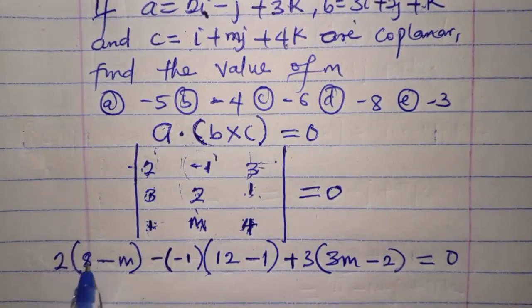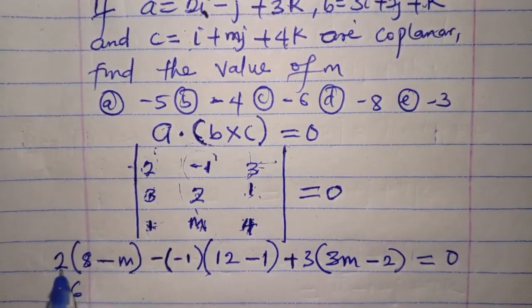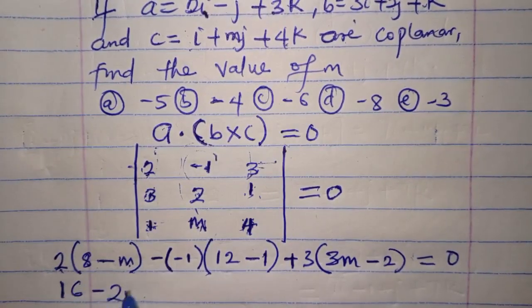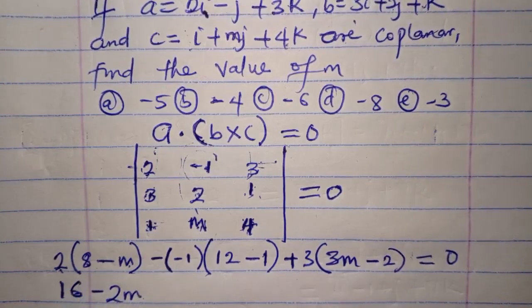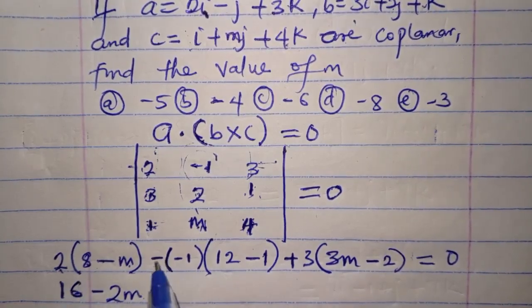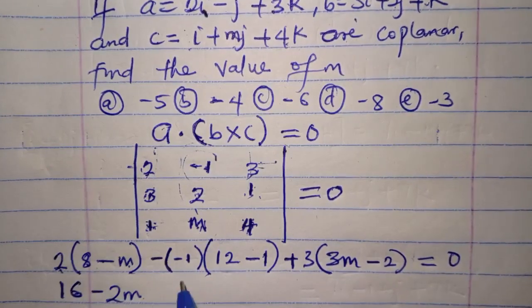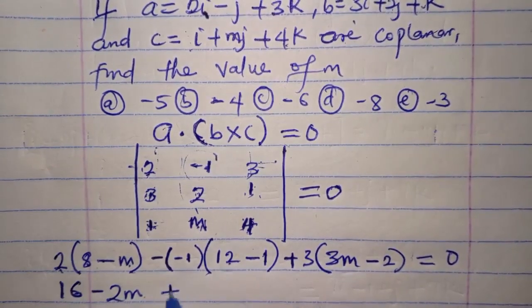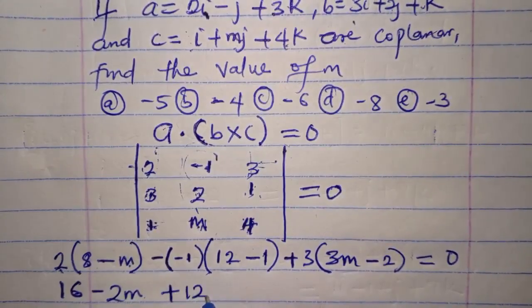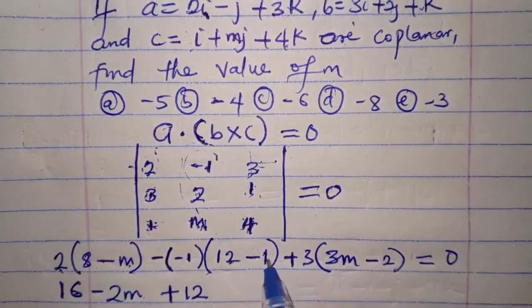So 2 times 8 is 16. 2 times minus m is minus 2m. This is plus 1, since minus minus is a plus. So we have plus 1 times 12 minus 1, which is 11.